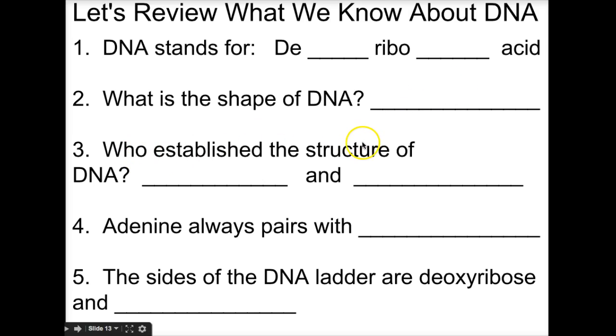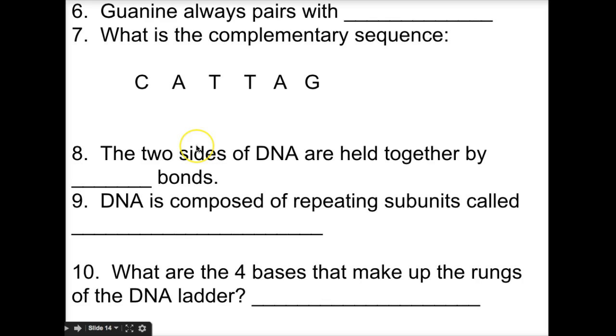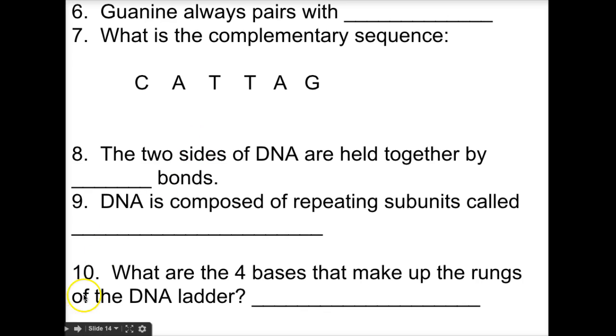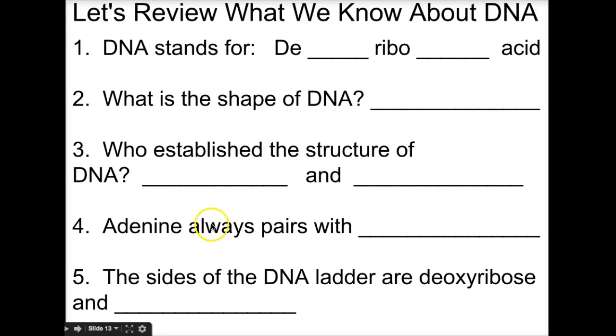The 2 scientists that established the structure of DNA were Watson and Crick. Adenine always pairs with thymine, so A's with T's. The sides of the DNA ladder are made up of deoxyribose, which is the sugar, and a phosphate molecule. If you can't remember how to spell phosphate, go back into the video.